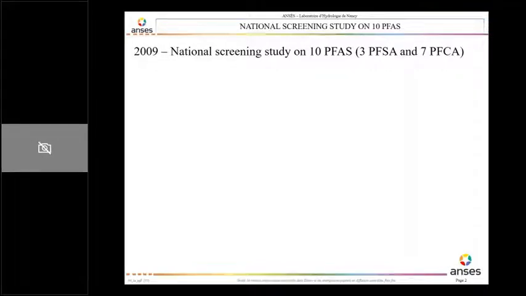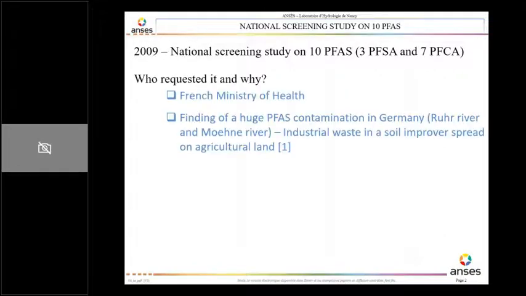In 2009, we carried out a national screening study on 10 PFAS. This campaign was requested by the French Ministry of Health following the finding of a huge contamination in Germany due to waste material applied to agricultural land.